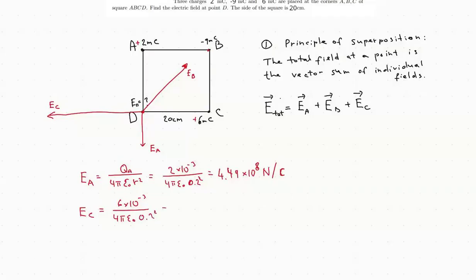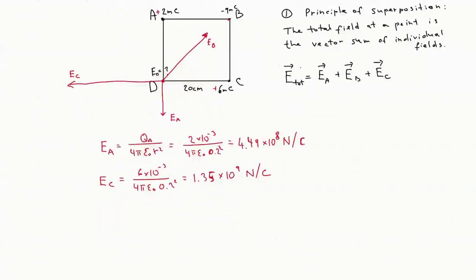And indeed, if you times that by 3, you get 1.35 times 10 to the 9 newtons per coulomb.